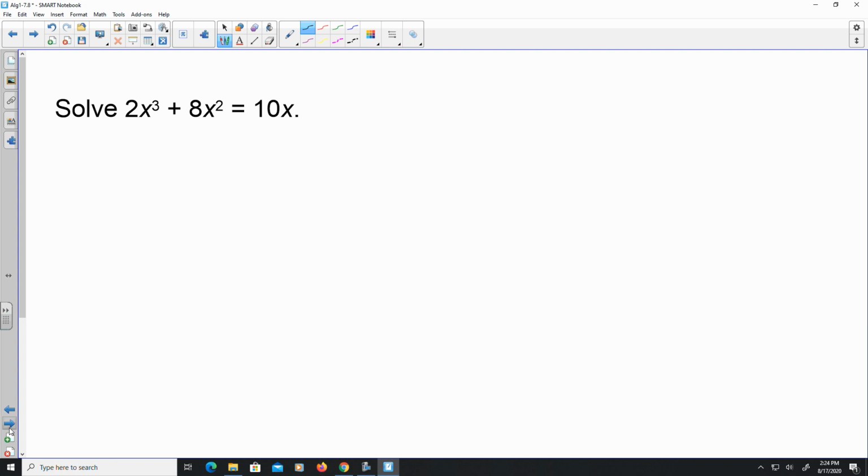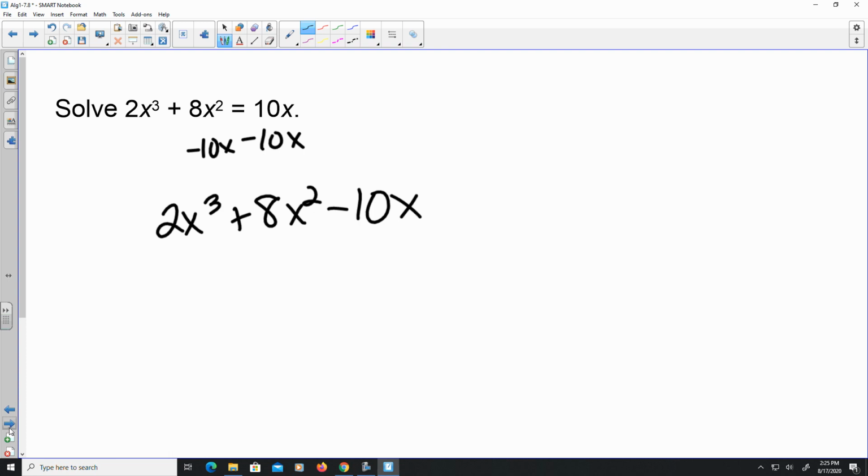Here we have an equation. So anytime you have an equation, remember you got to set it equal to 0. So subtracting 10x from both sides, I got 2x to the third plus 8x squared minus 10x equals 0. Now, what I'm going to do is see if I can factor out one term.